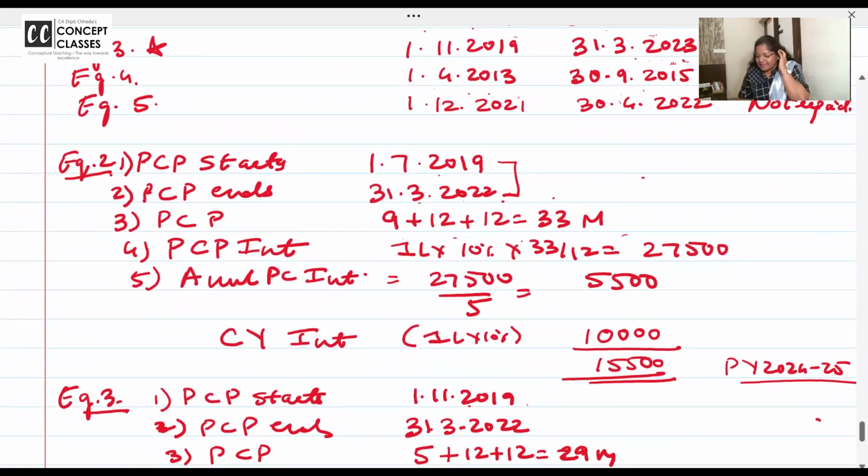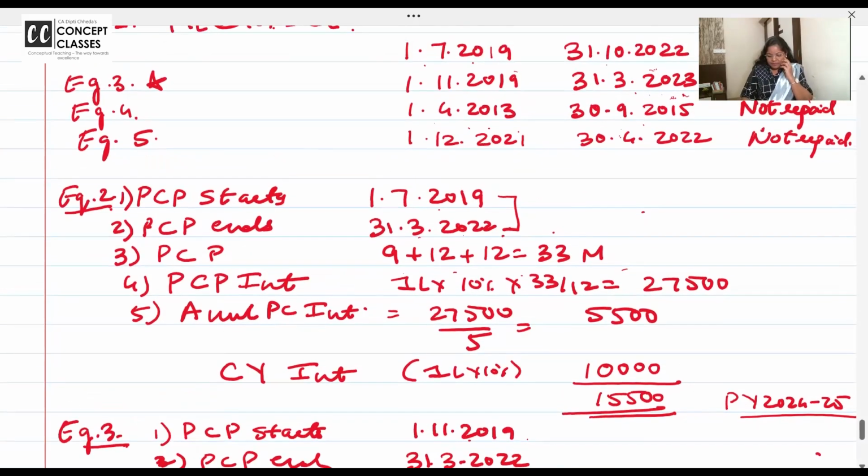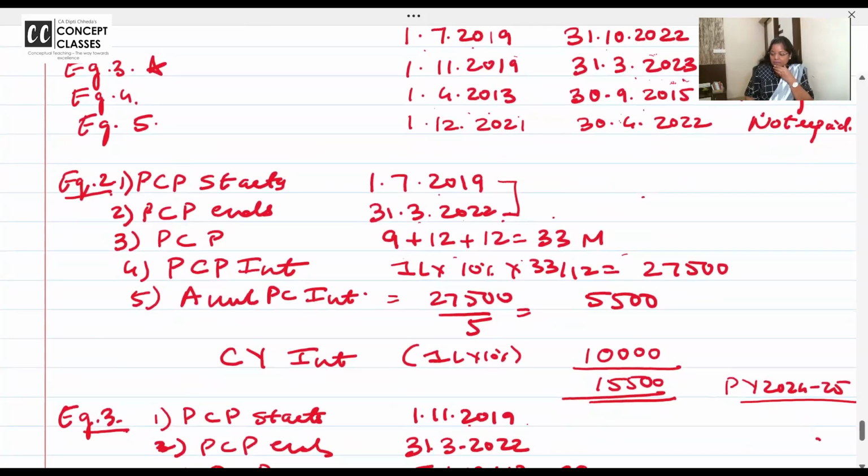I have taught you 5 steps, dear students. For understanding, for MCQ, you cannot keep doing 5 steps. Now we'll apply this and solve some more questions also, where we will apply pre-construction interest. Construction starts on December 1.